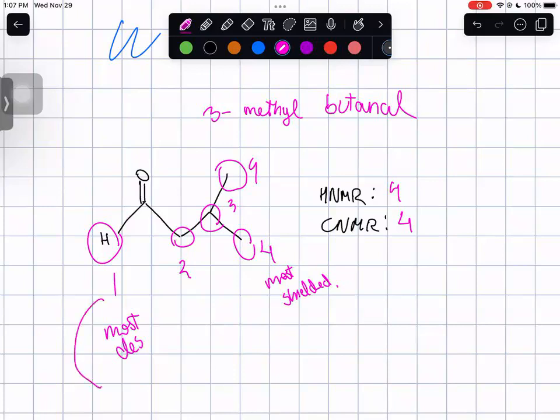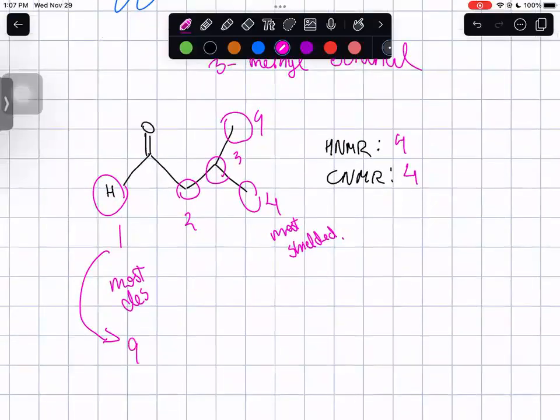We already determined that it was signal 1. So what's the ppm value? A little too high, but it's actually around 9 to 10 ppm.